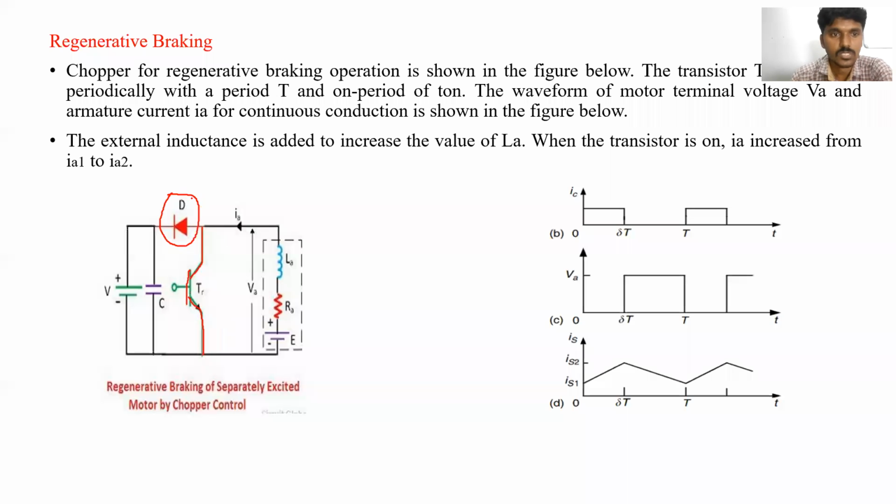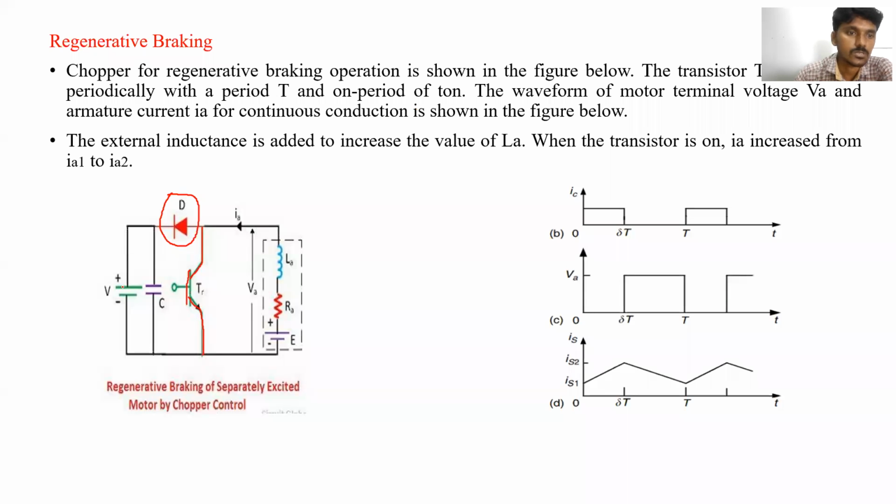So here the diode is connected in this direction, so there is no chance to connect the motor to the source, because the diode is connected in this direction, meaning the cathode is positive and the anode is negative.